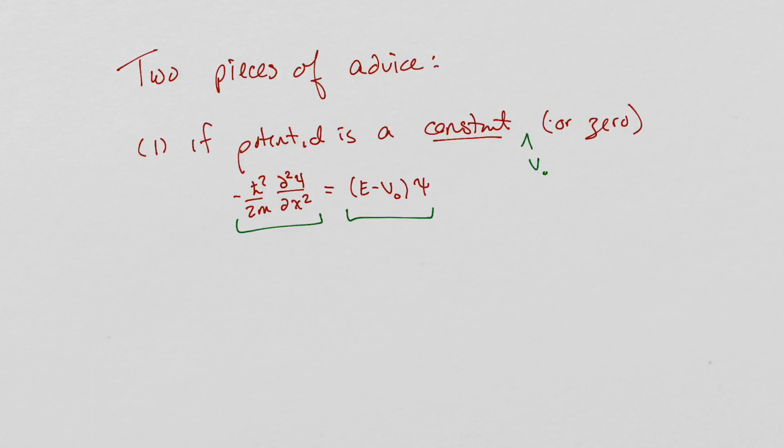And therefore, if this is the SHO, you can say to yourself, well, then I know that the two independent solutions here are probably going to go like e to the i something, plus or minus i something times x. And I'm going to leave that something up to us to figure out.